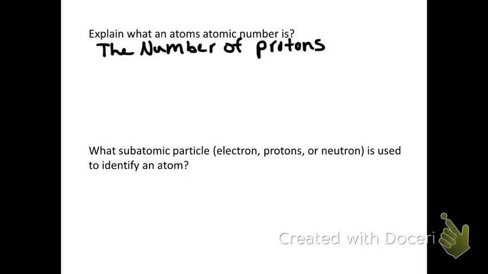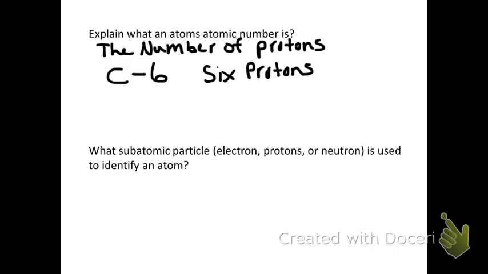So if you get out a periodic table, you can pause this and take a look at it. Find the element carbon, and you will notice that carbon has an atomic number of 6, which means that carbon has 6 protons.